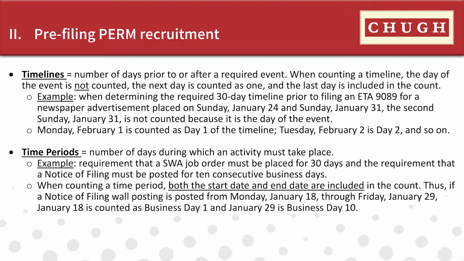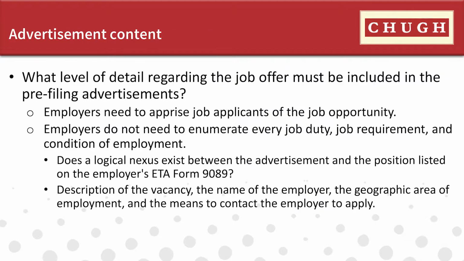As was noted earlier, the notice of filing wall posting has to be posted for 10 business days. So the date that it first goes up on the wall, as you can see from the example provided here, January 18th, will be the first day, and the 10 business day clock starts on that day. Then, whatever the 10th business day is, you can come down on that day. We'll move on to the next slide.